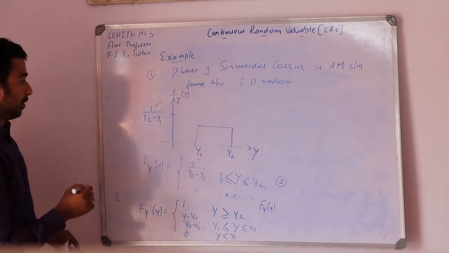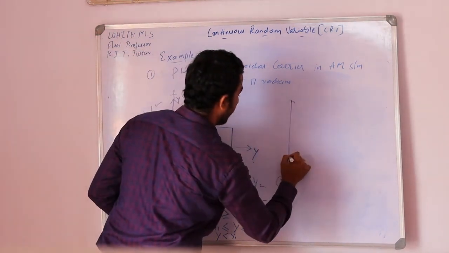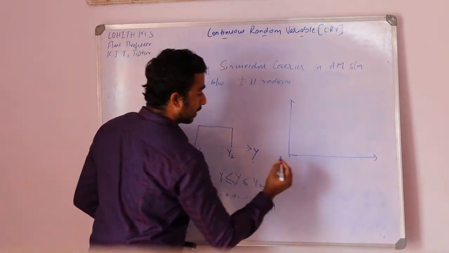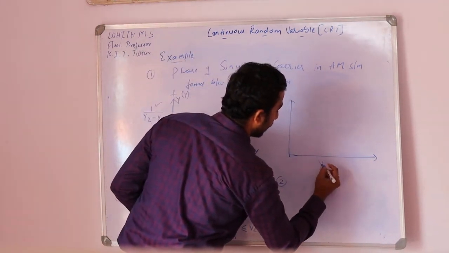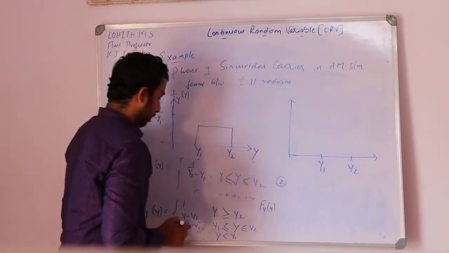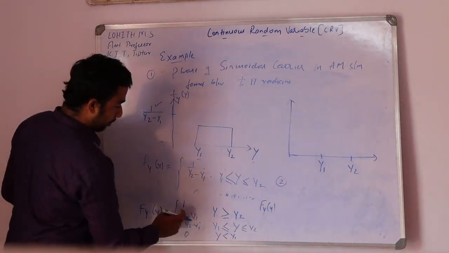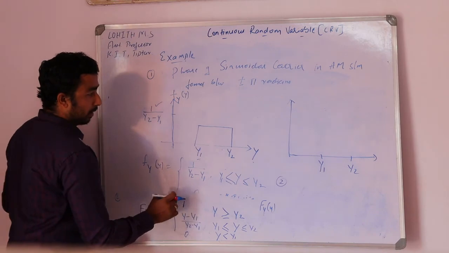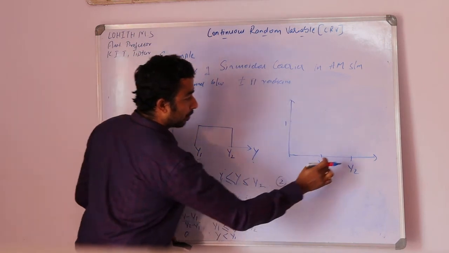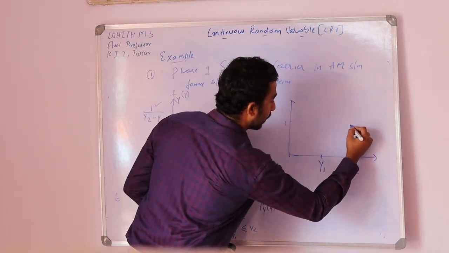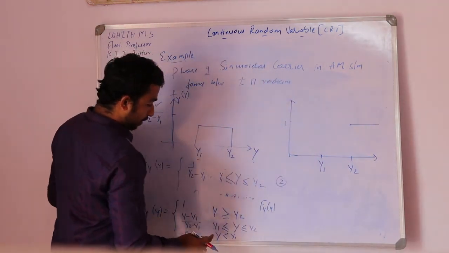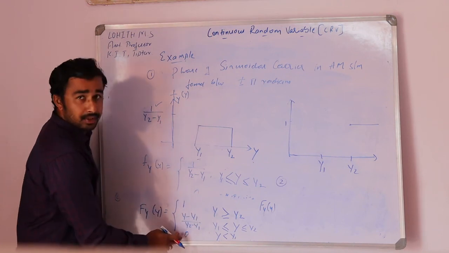So for the cumulative distribution function, let us take the same interval, y1 and y2. For y greater than y2 it is 1, so we will mark 1 here. For y less than y1 it is 0.